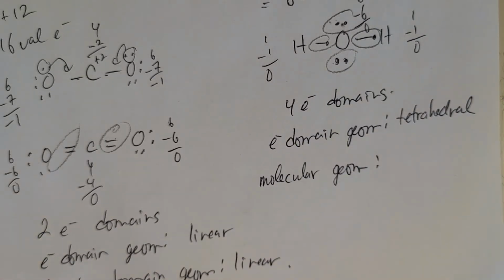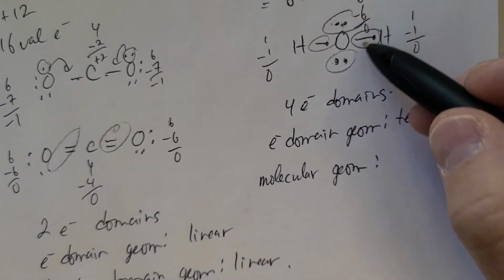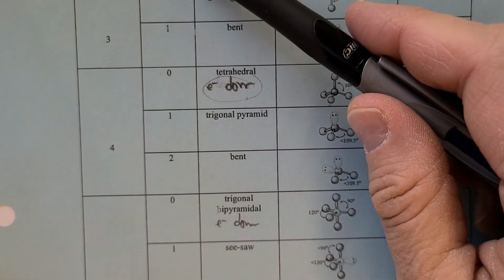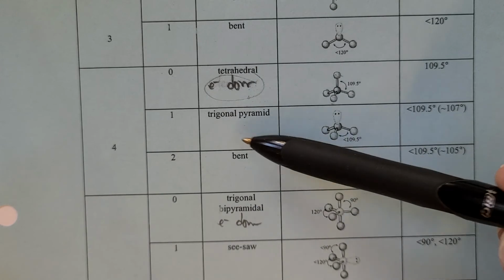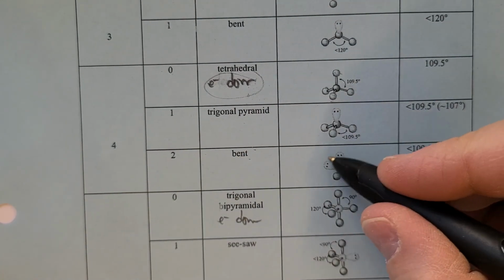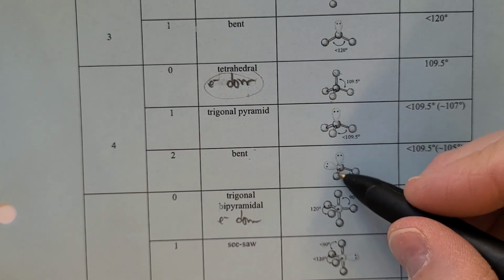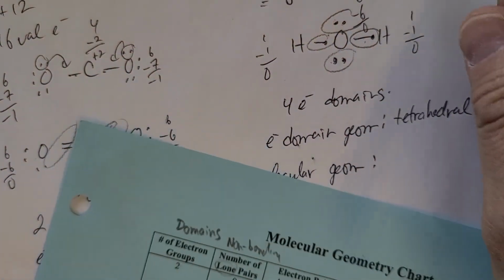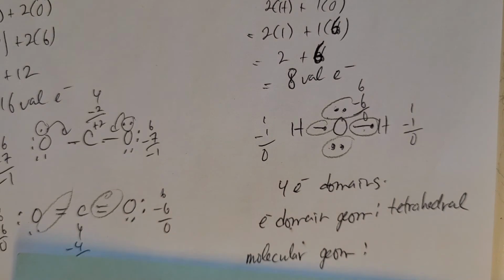Okay. But if I'm looking at the molecular geometry, so now I look at what it actually is, and what I have in reality here is that 2 are bonding and I have 2 non-bonding. So when I have 2 lone pairs, that's going to be bent. That looks a lot like my shape. The only thing is I drew it kind of incorrectly because I drew it as if it was linear, right?